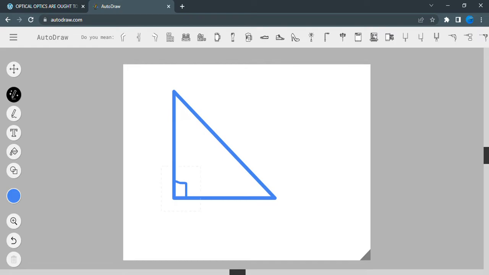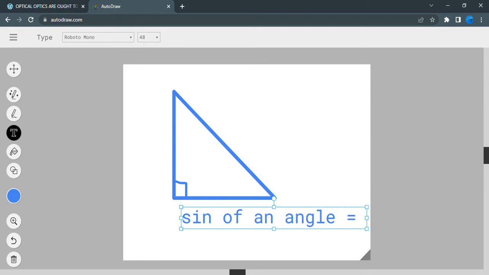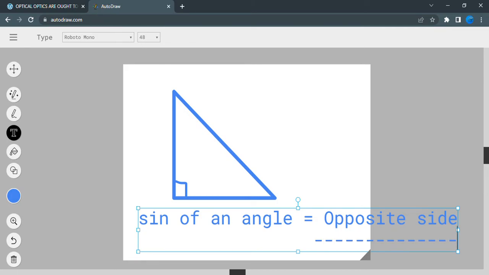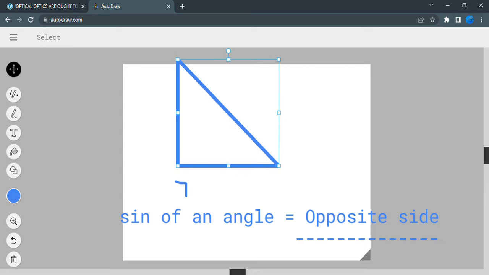This angle is 90 degrees, and according to this definition, the sine of an angle here is equal to the ratio of the opposite side and the hypotenuse.